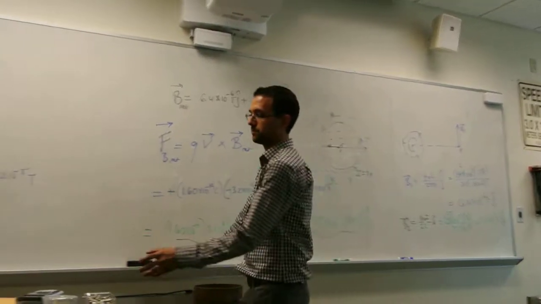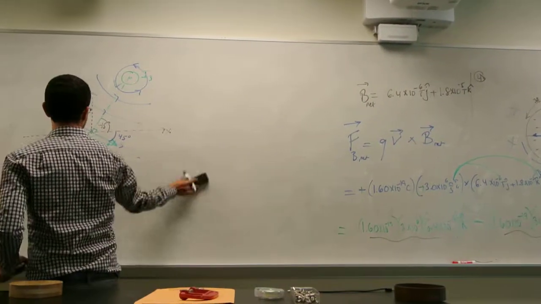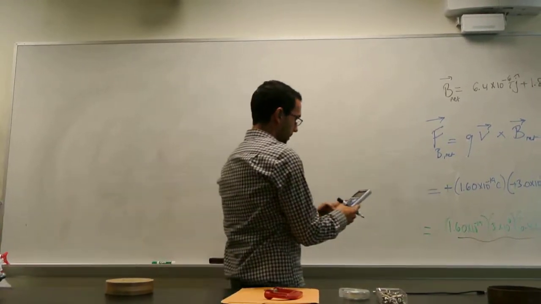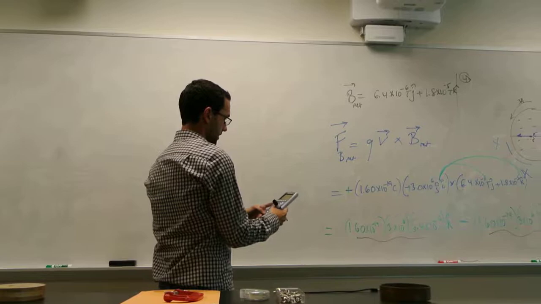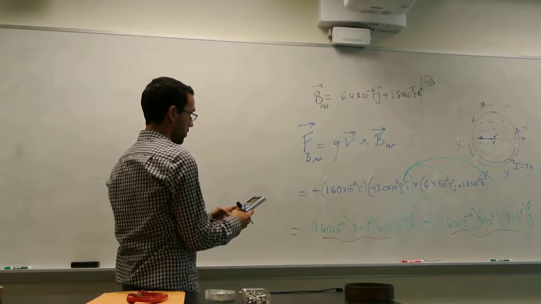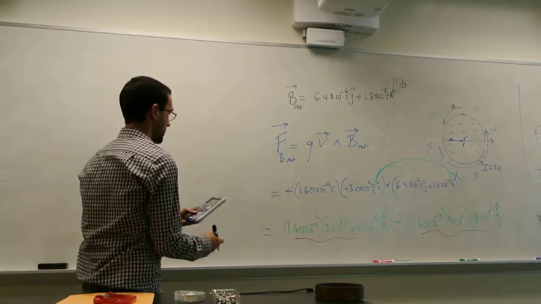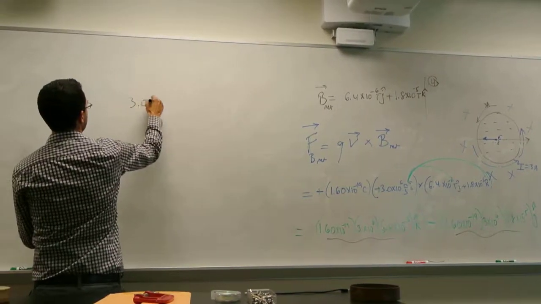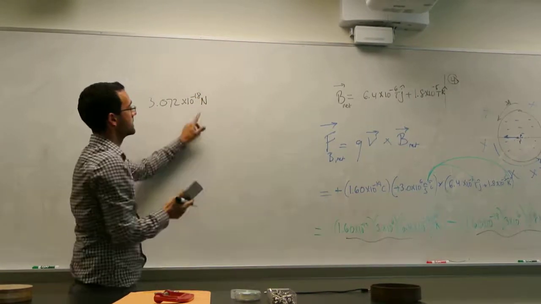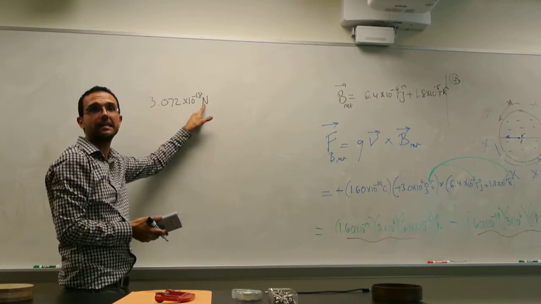So let's look at that first number. That's going to be 1.60 times 10 to the minus 19 times 3 times 10 to the 6th times 6.4 times 10 to the minus 6. So I get 3.072 times 10 to the minus 18 newtons this time, because now it's a force, not a magnetic field.